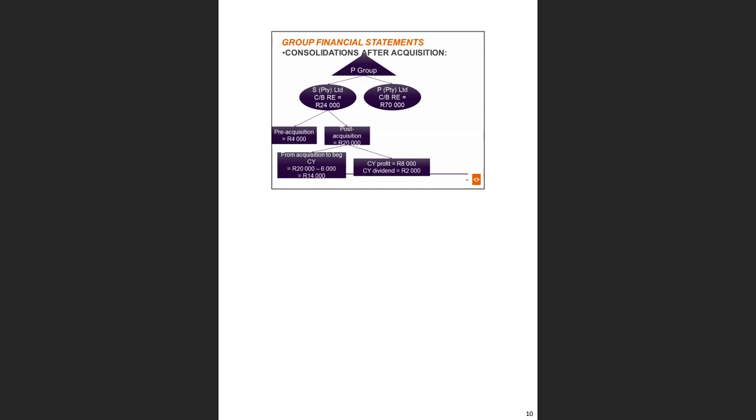In this example, the subsidiary was acquired about 2 years ago. Okay, so this retained earnings closing balance of S Pty Limited: every year the company would have made a profit, and at the end of the year, the previous year's profit goes into retained earnings. So essentially our retained earnings is the accumulated profits.